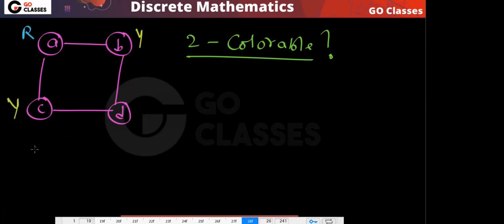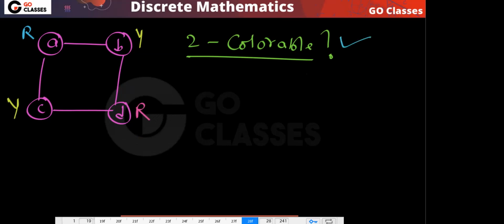Now I can reuse yellow here, because you can notice this is red, so adjacent vertices have different colors. And here I cannot use yellow, but I can use red. So this is the idea. So is this 2 colorable?